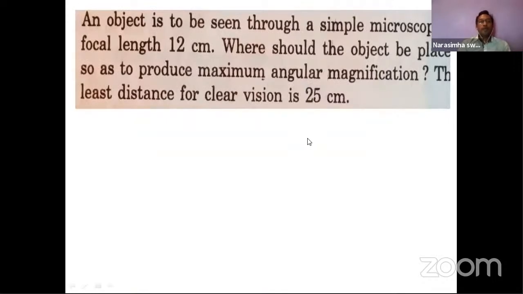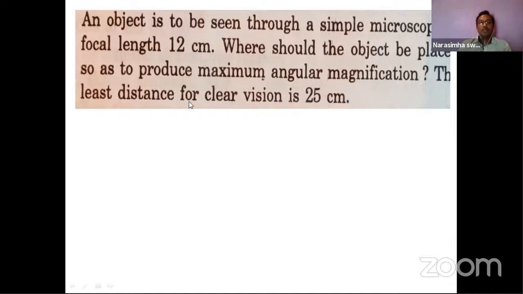And now one more problem. An object is to be seen through a simple microscope of focal length 12 centimeters. We discussed the simple microscope in the regular class. Where should the object be placed so as to produce the maximum angular magnification?